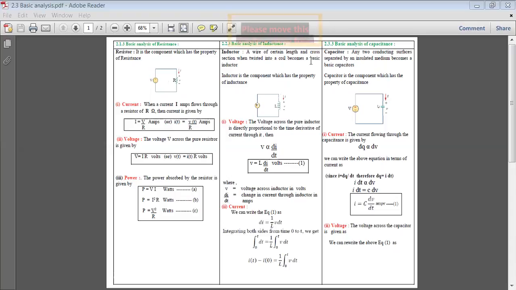Now the current. What is the current equation? The current flowing through the capacitance is given by: a small change in charge is directly proportional to a small change in voltage. We can write the above equation in terms of current.